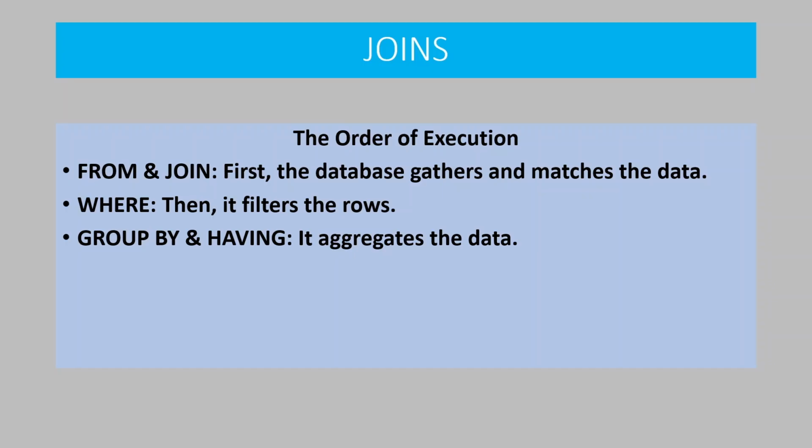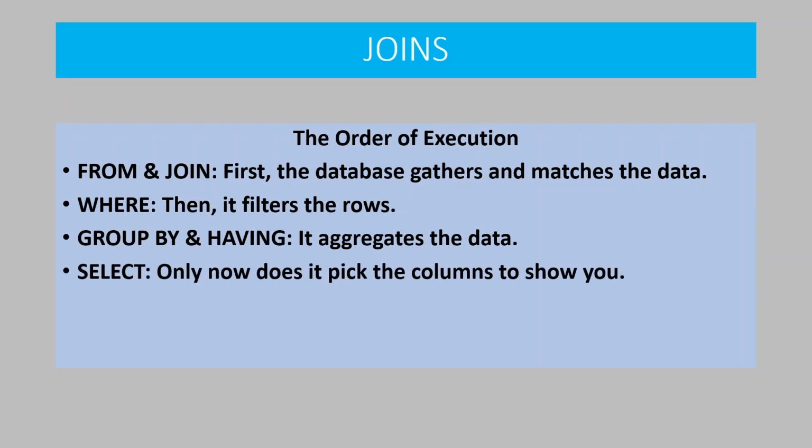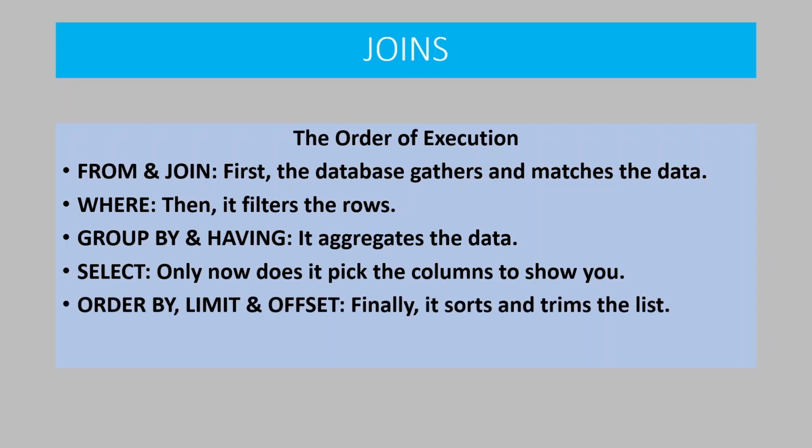Then the SELECT statement, because only now does it pick the columns to show you. The last ones are ORDER BY, LIMIT, and OFFSET, primarily to sort the data or to limit the number of output rows in the results.